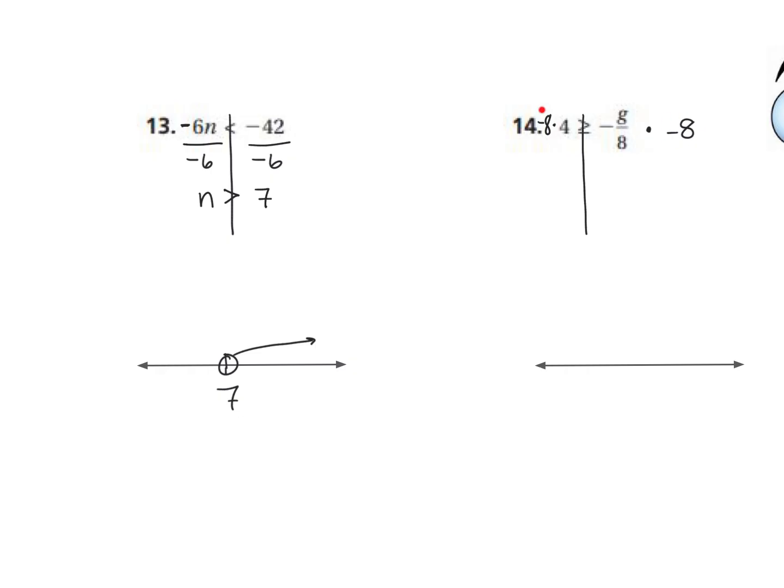I'm multiplying by a negative number, so my sign needs to flip. -8 times 4 is -32. I'm going to make that my reference point. I see an equal to bar, so I'm going to fill it in. And again, my mouth is facing my variable, so I want numbers that are greater than -32.